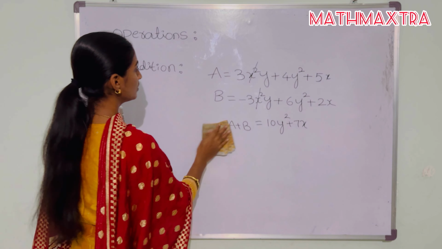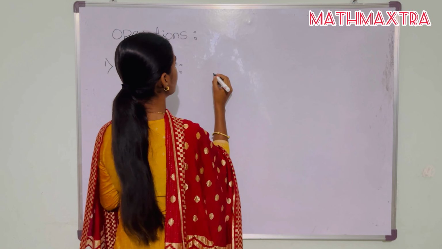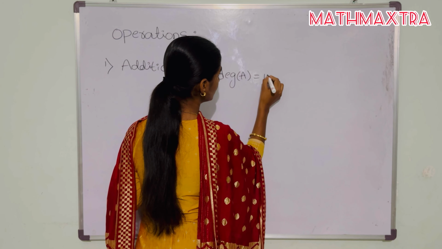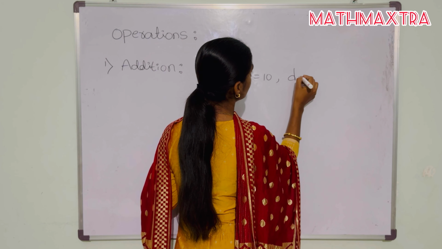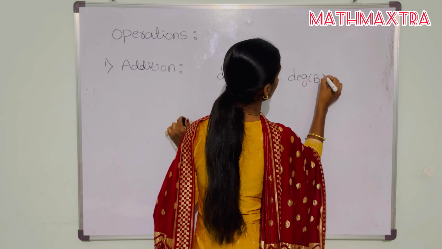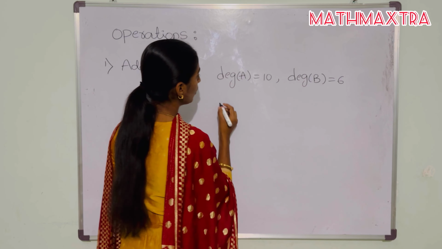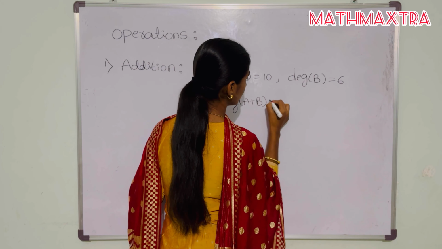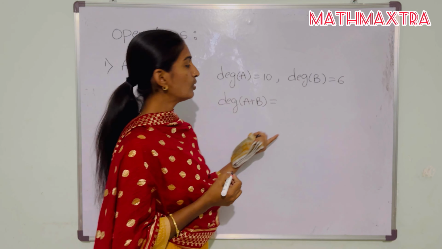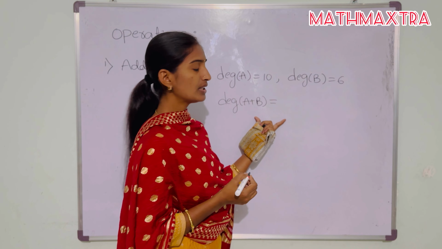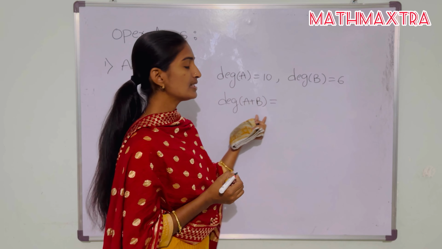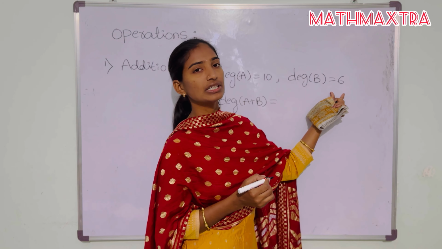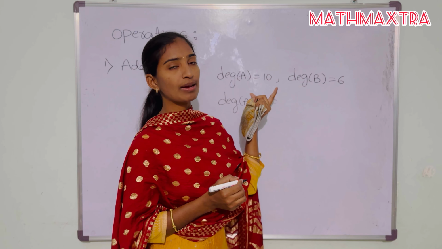Now we'll go for one more example: the degree of an expression a is equal to 10, and the degree of an expression b is equal to 6. Now tell me the degree of the a plus b expression. Okay, now what is the answer for this? Just now we said that the degree of a plus b, if they are two different degrees, is the maximum of m comma n, right?